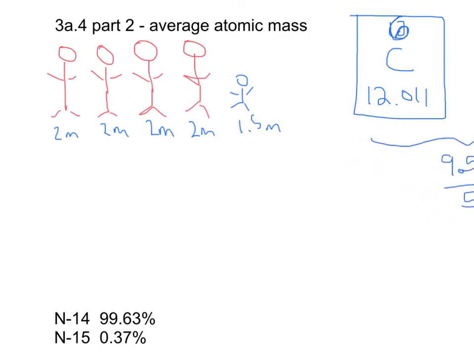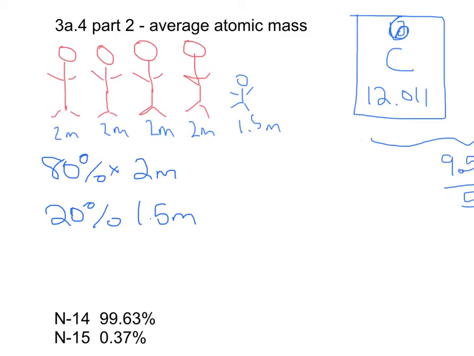One way we could look at it is we have 80% of the players on the team have a height of 2 meters, and 20% of the players on the team have a height of 1.5 meters. So if we turn those percentages into decimals, and we basically just multiply each percentage times the value it goes with, that's going to give us 0.8 multiplied by 2 meters, and 0.2, which is 20% turned into a decimal, multiplied by 1.5 meters.